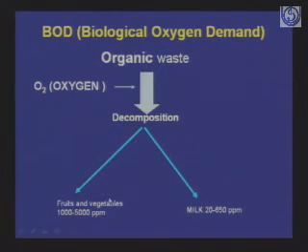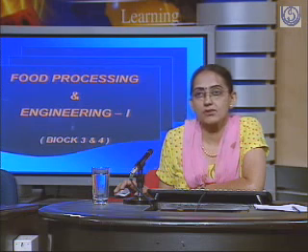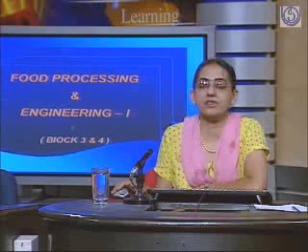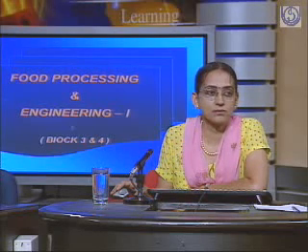Normally in fruit and vegetable processing waste, the BOD is very high, about 1000 to 5000 ppm, whereas in a milk processing plant the waste products are less, so the BOD is less. So that is all with reference to your portion.